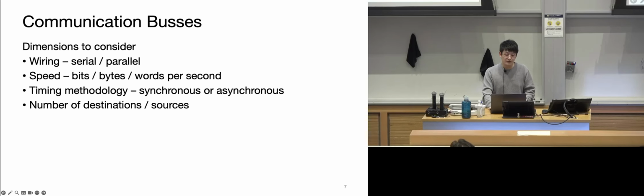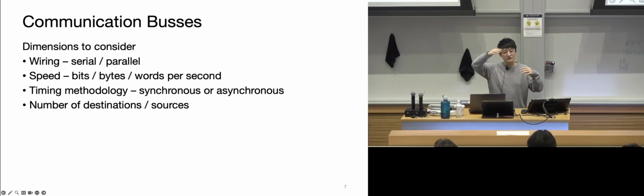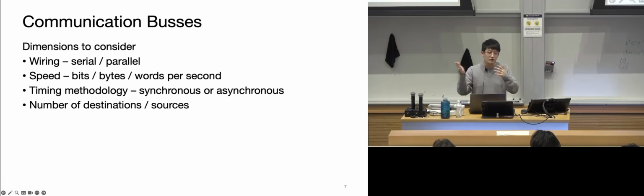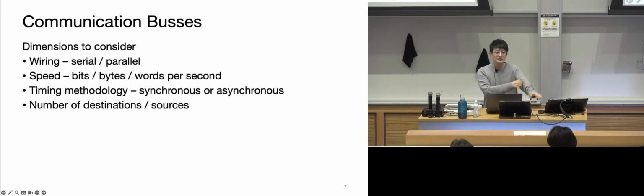And the number of destinations and sources. Basically, how many chips are talking to how many chips. We will talk a little bit more later, but usually we characterize them as master devices and slave devices, and it could be one master with a lot of slave devices, or multiple masters talking to multiple slave devices, etc. It can also be bidirectional, so it just depends on which communication protocol you end up implementing.